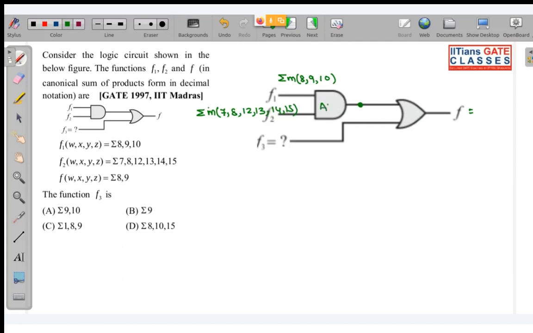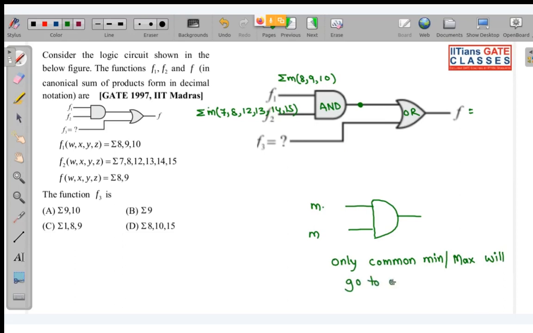So this is AND gate, this is OR gate. So what will be the output of AND gate? Always remember, when I pass minterms through AND gate, only common minterms or max terms will go to output.